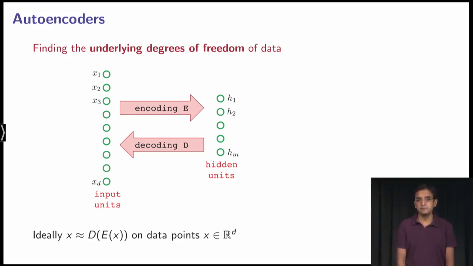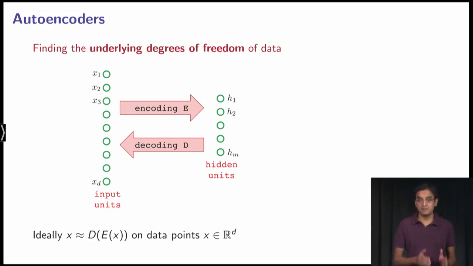Now, this representation is something that needs to be discovered, something that needs to be learned. And as such, it's often called a latent representation or a hidden representation. So we'll sometimes refer to the vector on the right as being a latent or hidden vector composed of hidden units, in this case, m hidden units.